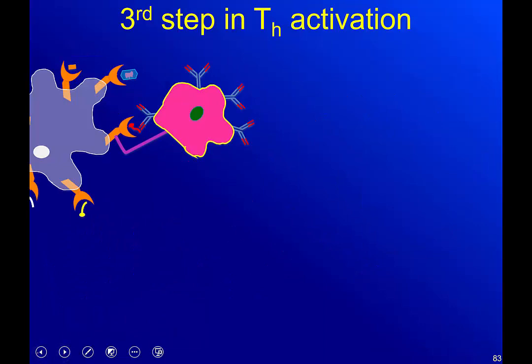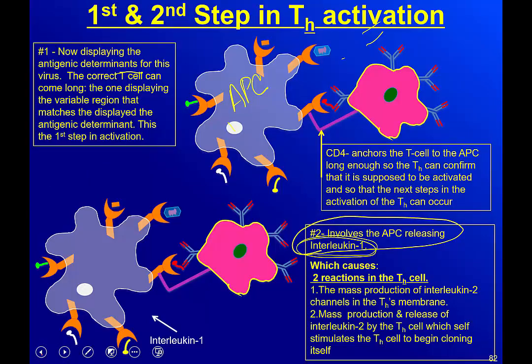Okay, so the helper T cell will start to mass produce interleukin-2 channels. Now, mind you, I released interleukin-1, but now I'm starting to put channels inside my membrane for interleukin-2.